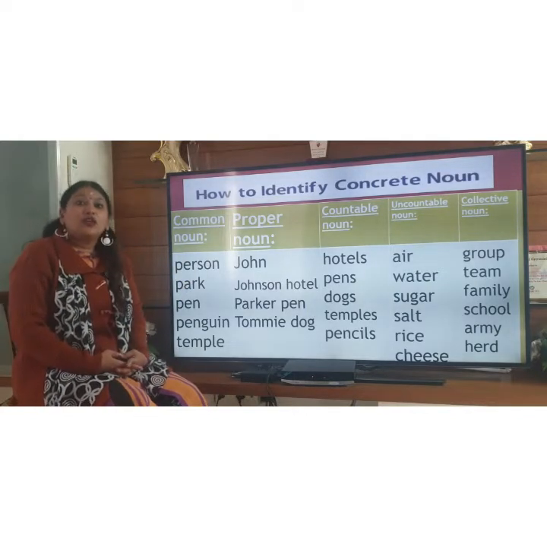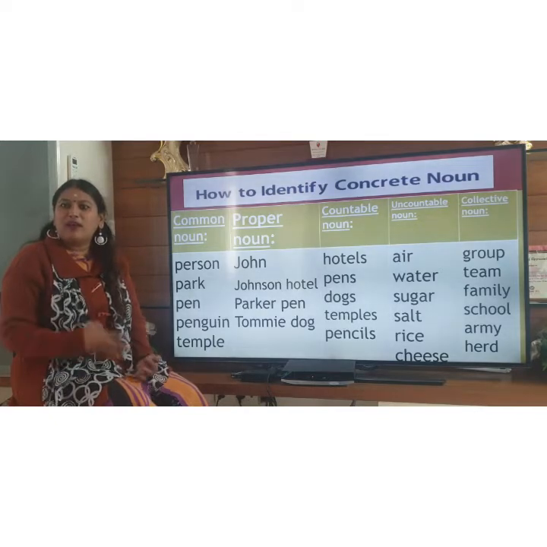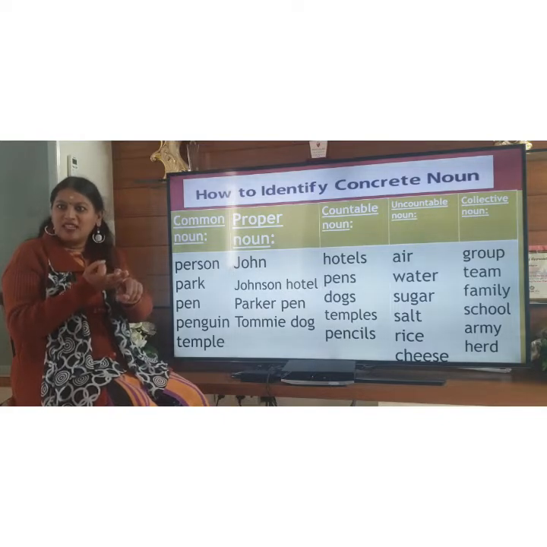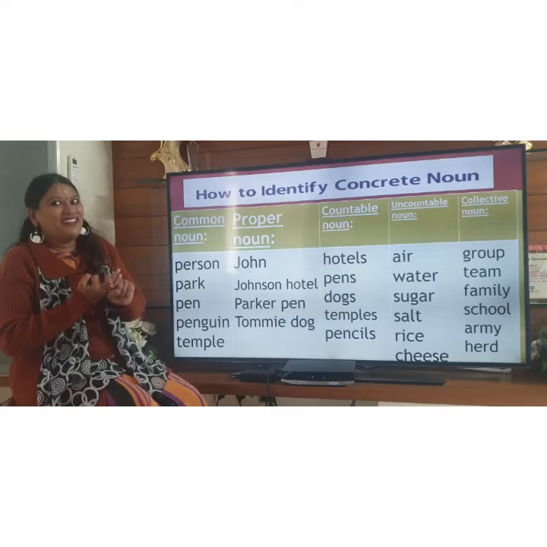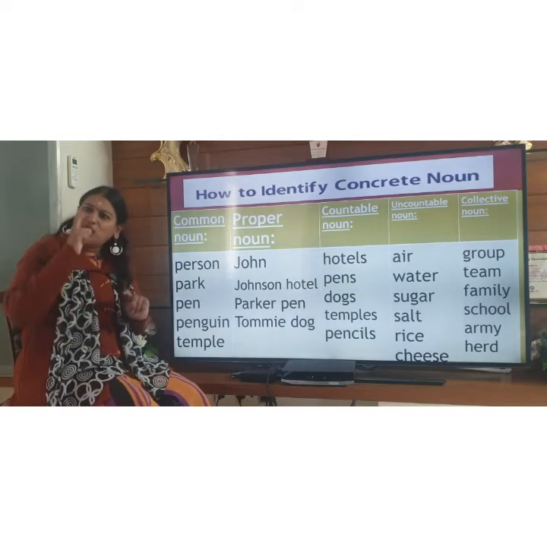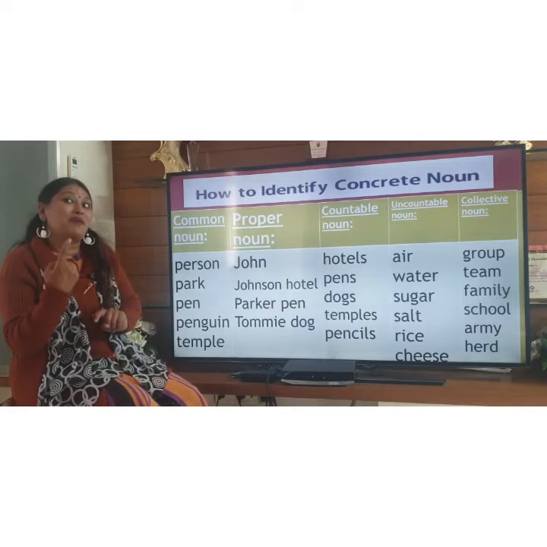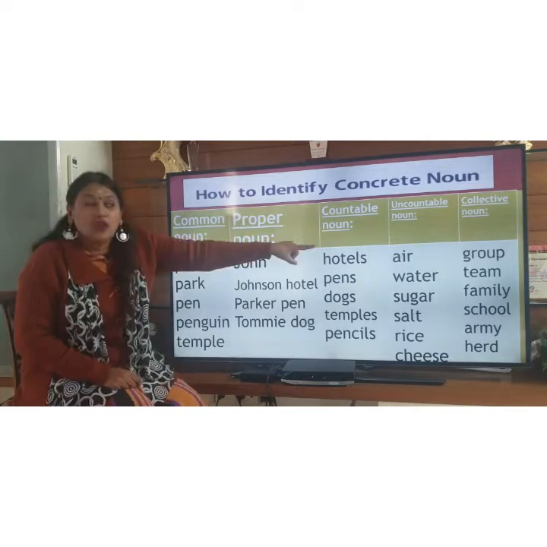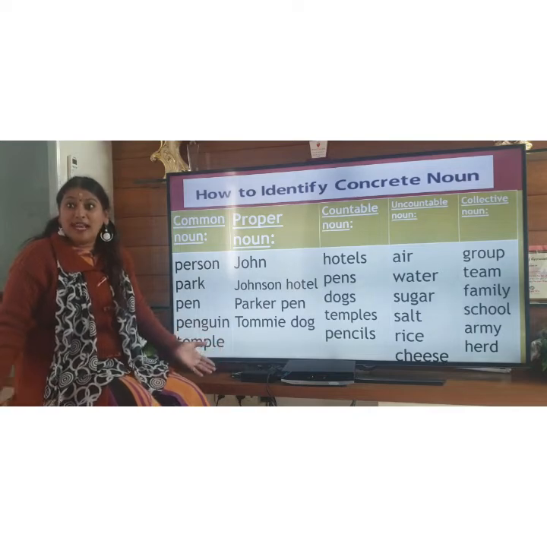See, in your house, you all stay as a family, right? A family is dad, mom, siblings, all together make a what? Make a family, right? In a class, only 1 student is there? No, right? N number of students along with the teacher make a class. Group, team, when you play as a team.